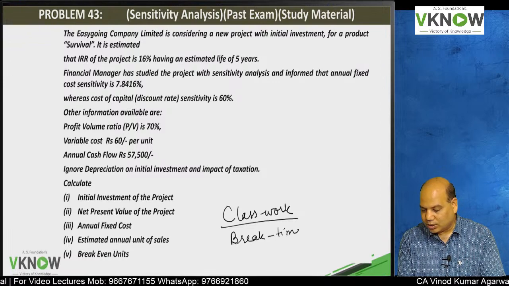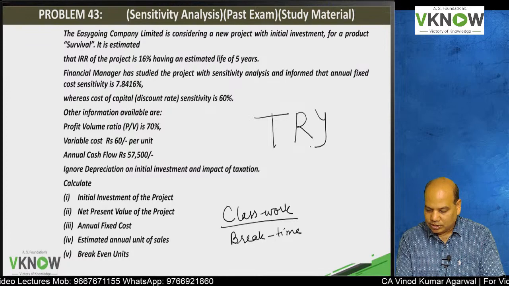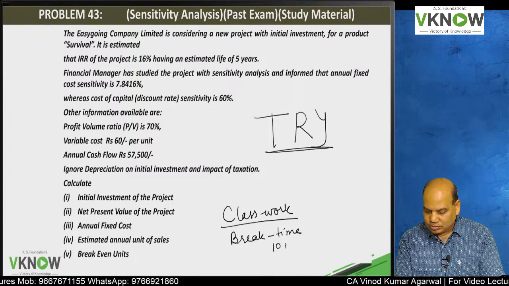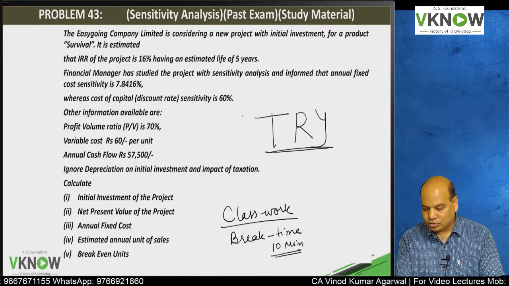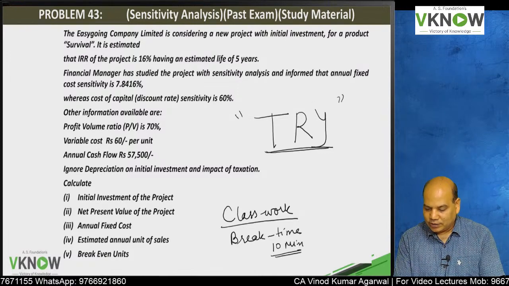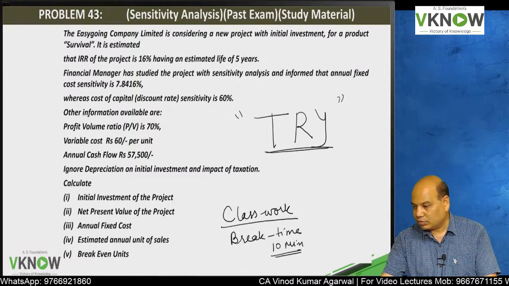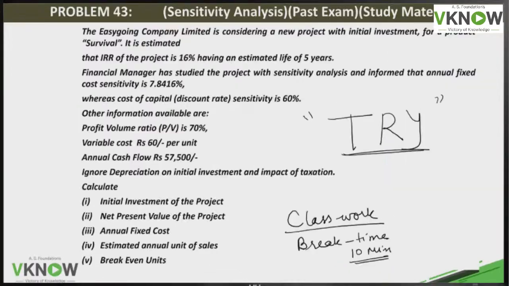Those who want to try, you can try in this 10 minutes, and those who want to enjoy break, you can enjoy 10 minutes break. The choice is yours. We will meet after 10 minutes. Try yourself if you can.